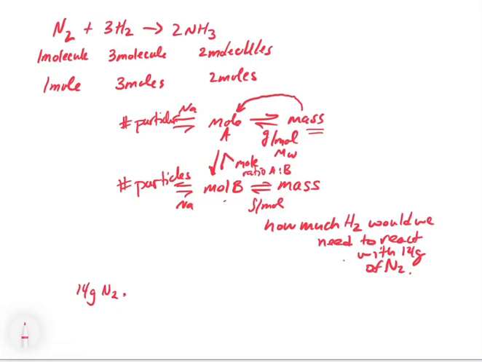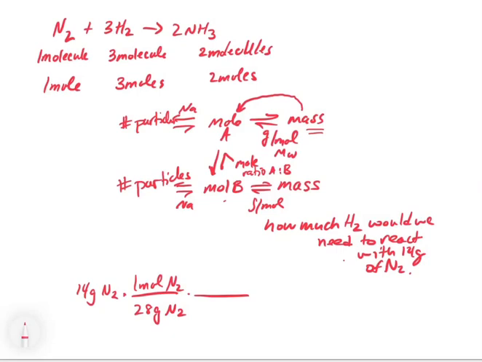We can do that by dividing by the molecular weight, which is going to be 28 grams for every 1 mole of N2. I got my 28 grams by looking at the periodic table. The periodic table mass for nitrogen is 14 grams per mole. So if there's 2 of them, that's going to give us 28 grams per mole. Hence why I chose 14, it's just because it's going to be a round number.